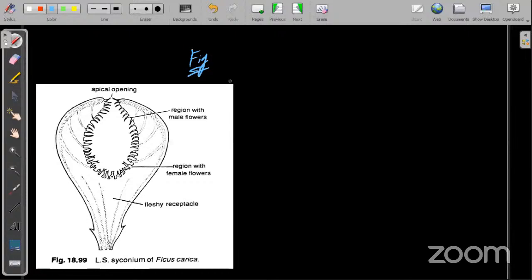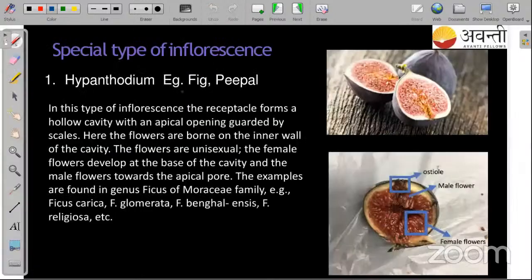In this diagram, you see this is the fleshy receptacle. Inside this receptacle, there is generation of flowers. This is the male flower. Here you can see the original diagram also. This is the male flower, this part is the female flower, and this is the opening, known as the ostiole.